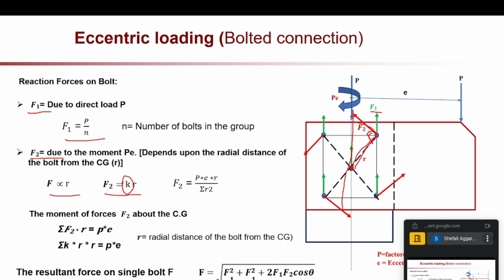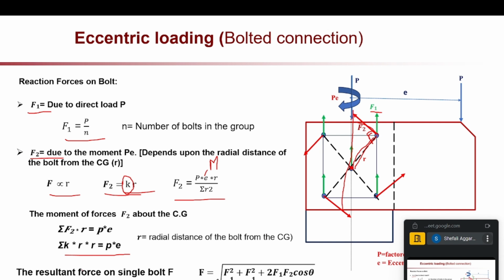In place of F2, we will keep KR. So K into R square is equal to P into E. From there, F2 we can calculate as the moment PE into R divided by sigma R square.